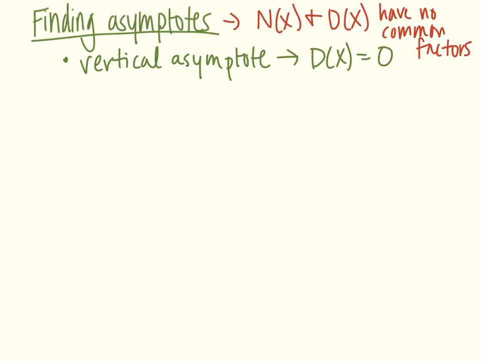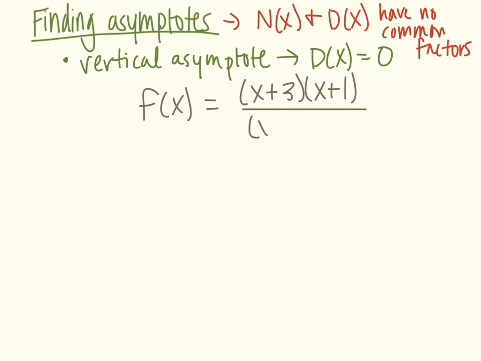Hypothetically, let's suppose that you have some kind of polynomial and you factor it because you're really awesome and you know how to factor. Let's suppose that you factored it and this is what you got. Well, right away you notice that this has a common factor. So these are going to go away.